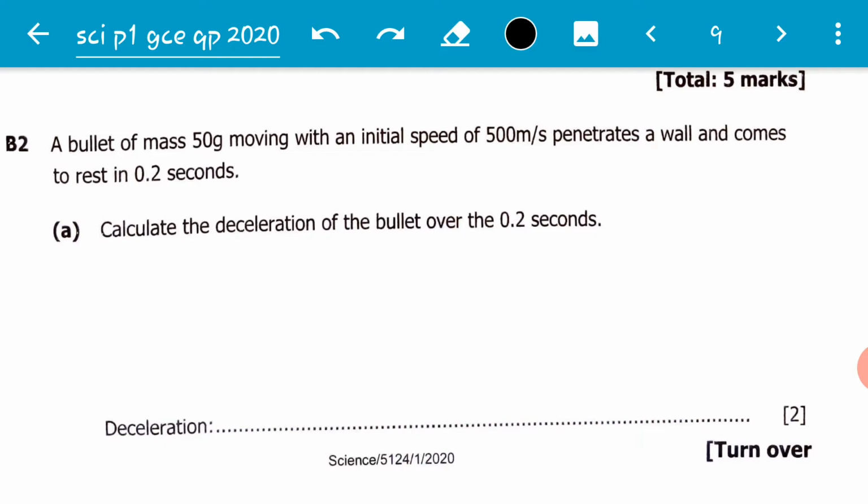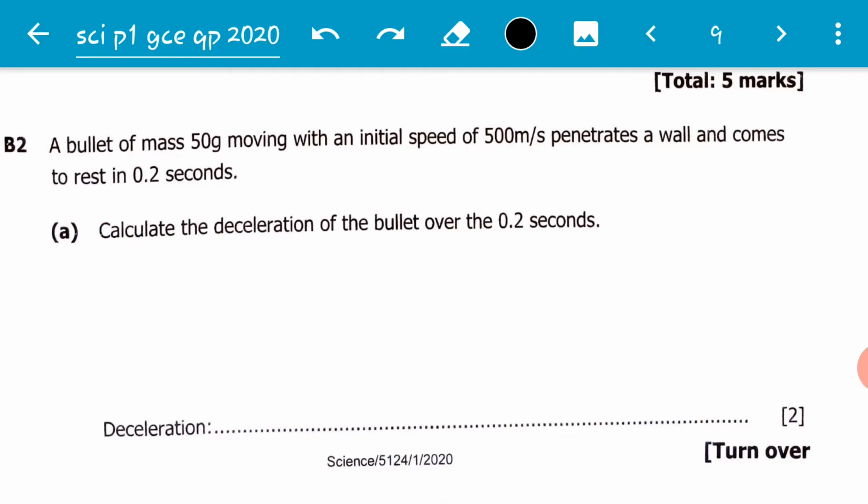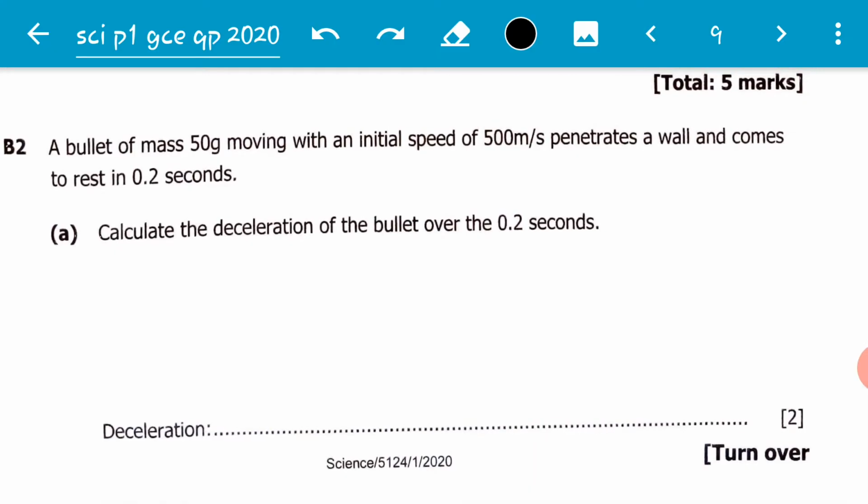If the speed of the object keeps increasing, then it is accelerating. So deceleration is the opposite of acceleration. Therefore, it is important to take this point. Deceleration is equal to negative acceleration.